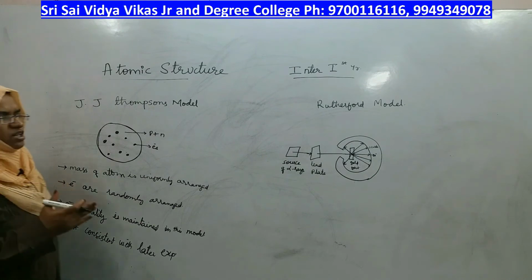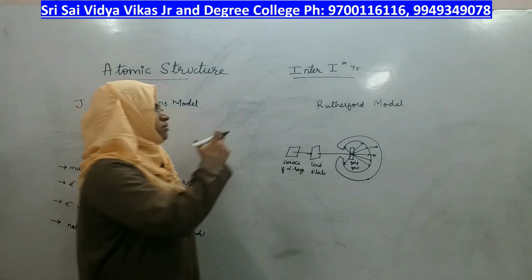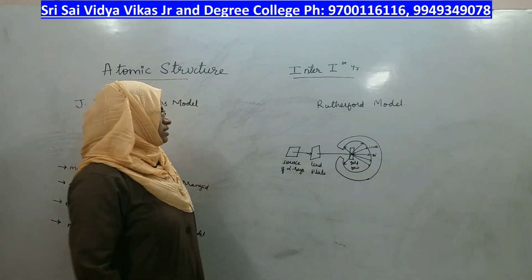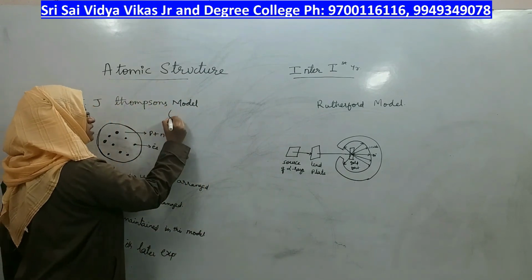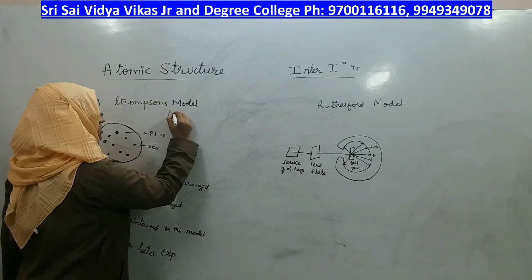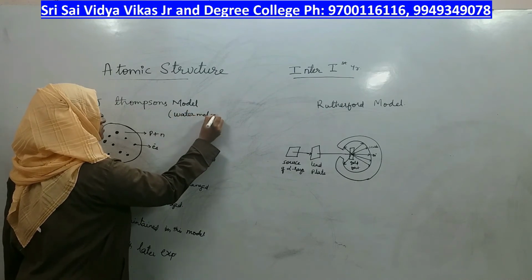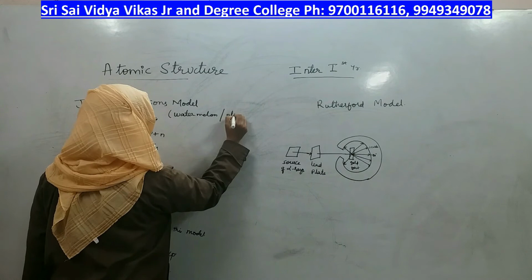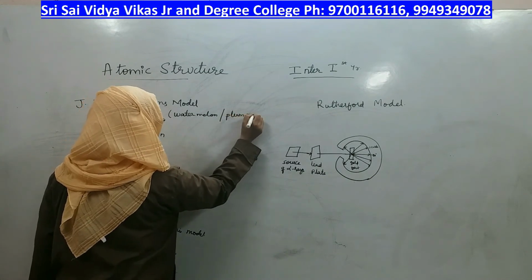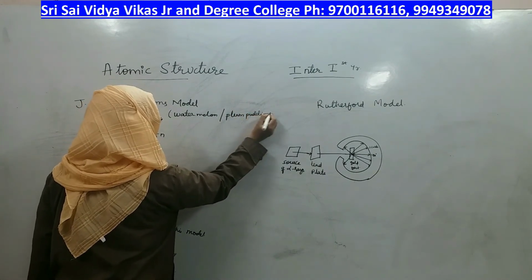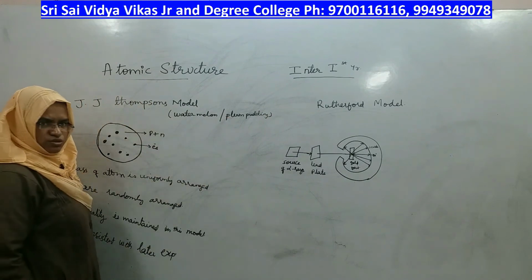After J.J. Thomson, the next model which came about was Rutherford's model. The other name of the previous model is the watermelon or plum pudding model, because he took the example of these two objects.